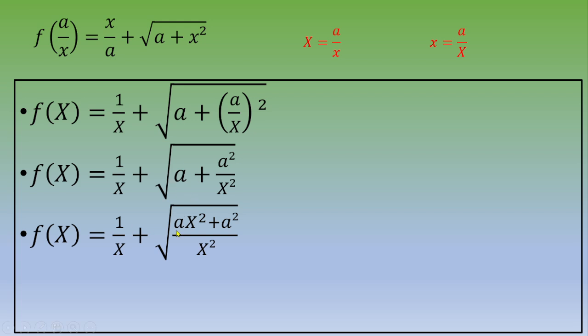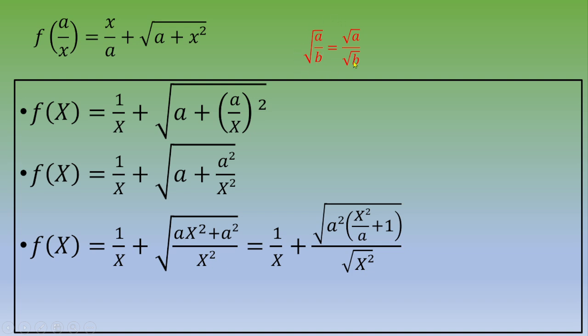First, we are going to factor by a squared, and then we are going to recall a square root formula, which states that the square root of a over b equals the square root of a over the square root of b. So f of capital X, this is 1 over capital X plus the square root of a squared times capital X squared over a plus 1, over the square root of capital X squared.